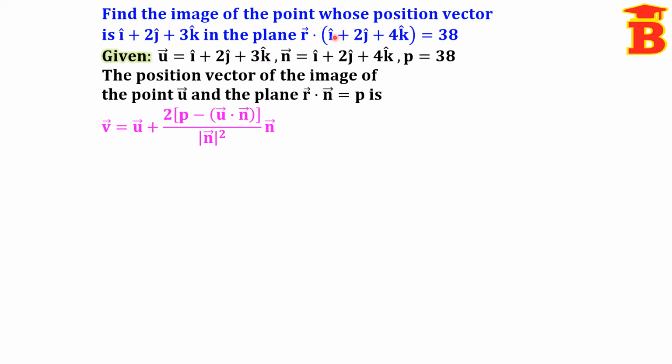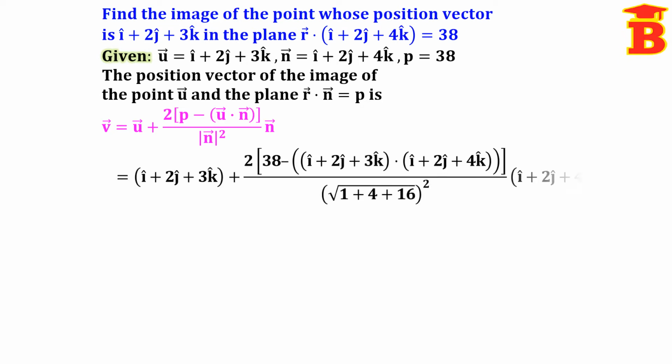So n vector equal to i plus 2j plus 4k, and the right hand side number is the perpendicular distance p. So p equal to 38. Now we have all the informations. Just substitute in the formula and simplify, we can get the answer.